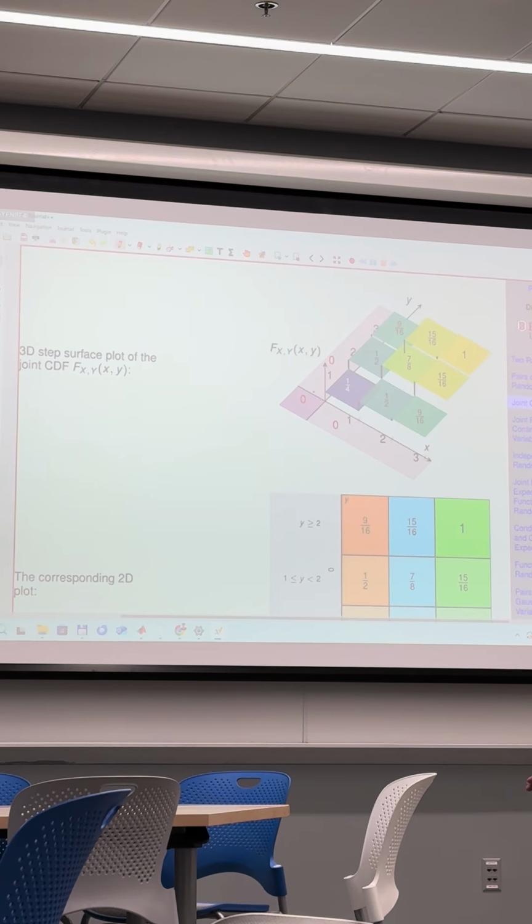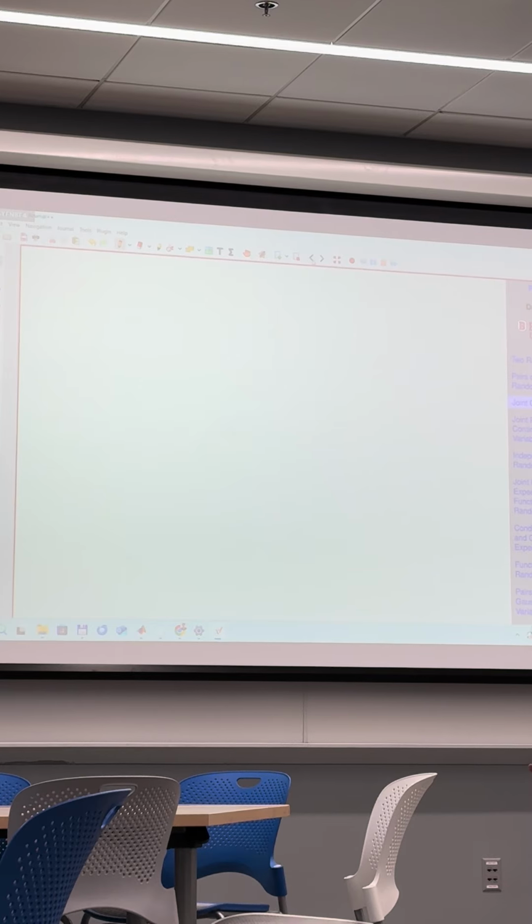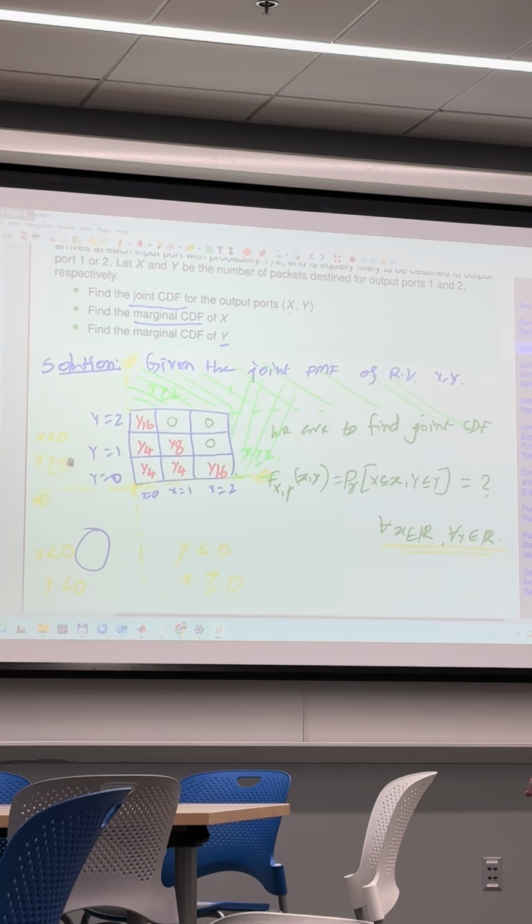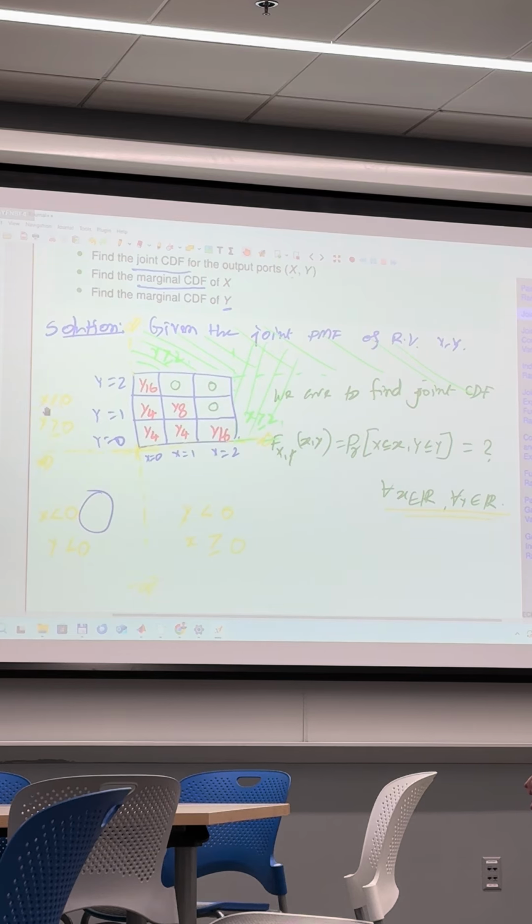Look at the 3D plot. This plane is 0. I'll try to explain the concept, and then the solution will not take much time because you will understand. When any of these variables is negative, that event is also impossible.